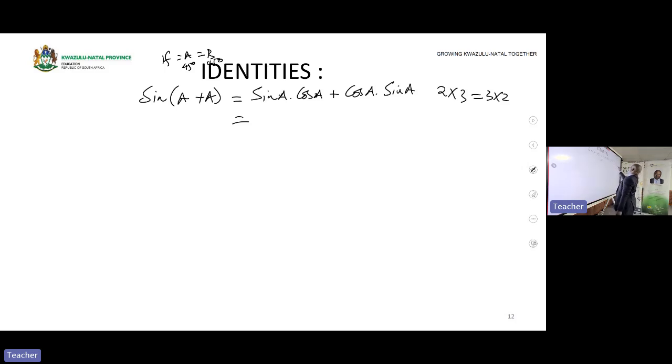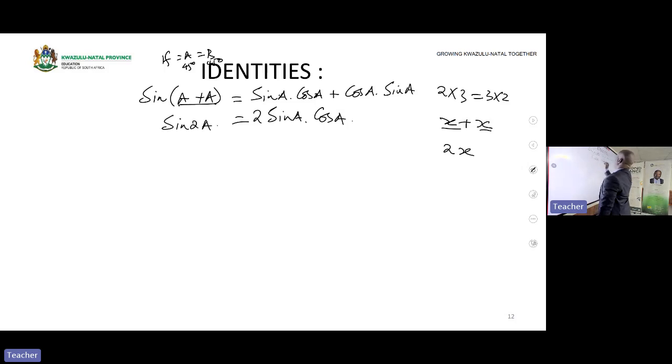So if we've got x plus x, what is x plus x? It is 2x. So if we've got sine A cos A plus cos A sine A, it will be the same as 2 sine A times cos A. So what is A plus A? It is sine 2A.